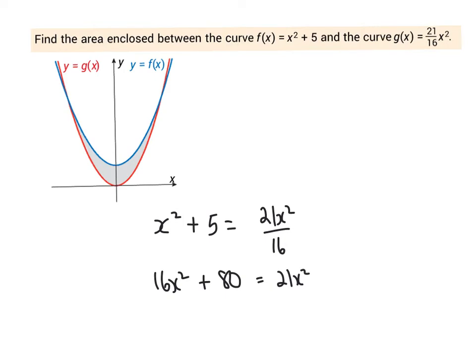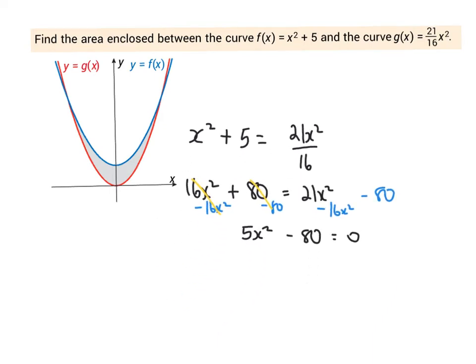So all to one side, that's going to be minus 16x squared and minus 80 on both sides. Cancel and cancel, and that gives us 5x squared minus 80 is equal to 0. Dividing across by 5, that gives us x squared minus 16 is equal to 0.